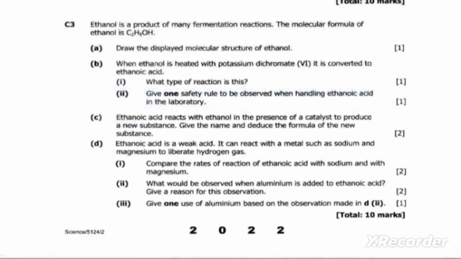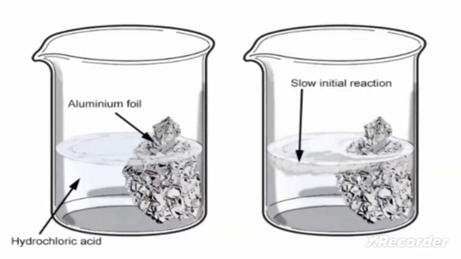We shift to the next question, which is question D, Roman numeral 2. What would be observed when aluminium is added to ethanoic acid? Give the reason for your answer. So when aluminium is added to ethanoic acid, we are going to observe a slow reaction.